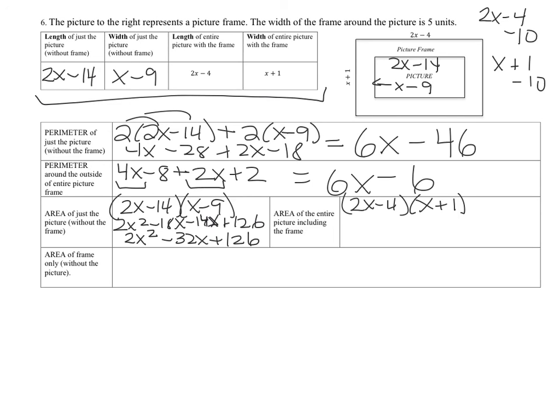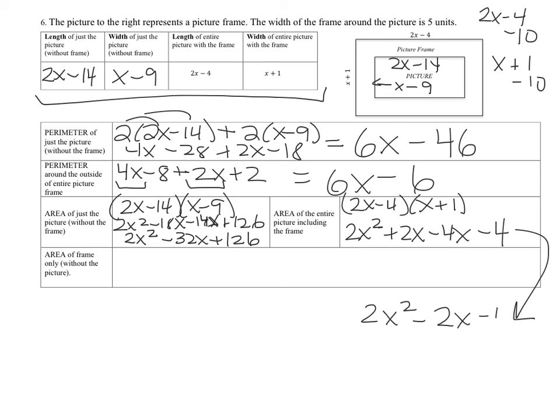And I'm going to do FOIL. 2x times x is 2x squared. 2x times 1 is 2x. Negative 4 times x is negative 4x. And then negative 4 times 1 is negative 4. Combine your like terms and put my answer down here. And I'm going to get 2x squared minus 2x minus 4. And that is the area of the entire thing.